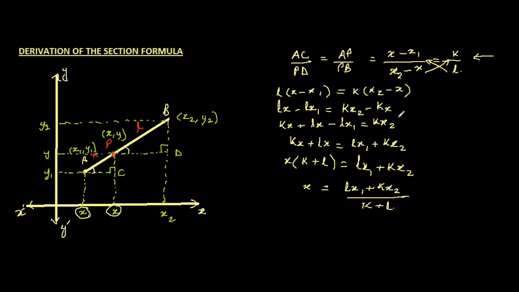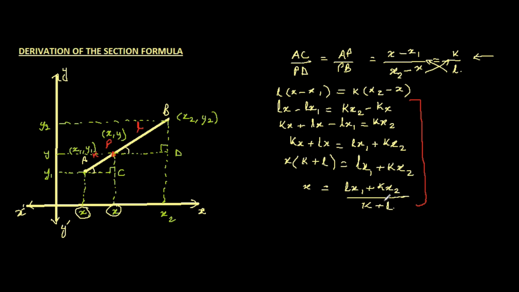Now be very careful about this part that we have done here, the rearrangement, because a lot of people make mistakes in finding the x coordinate and the y coordinate. This isn't tricky if you just understand it. All we did was cross multiply both the sides, simplify it, take all the x's to the same side, factor out x and divide the other side by k plus l, and we get this.